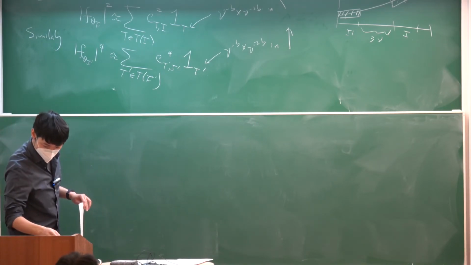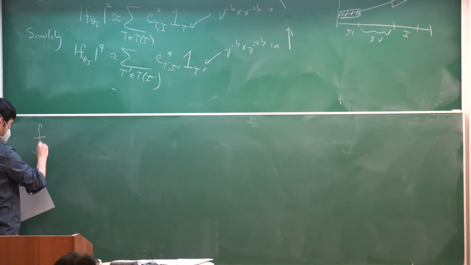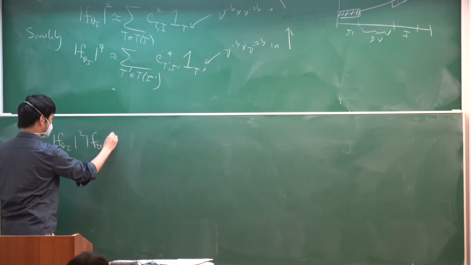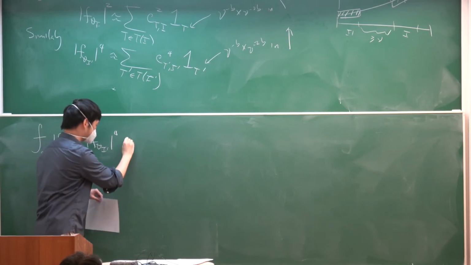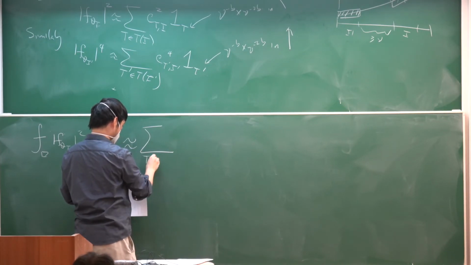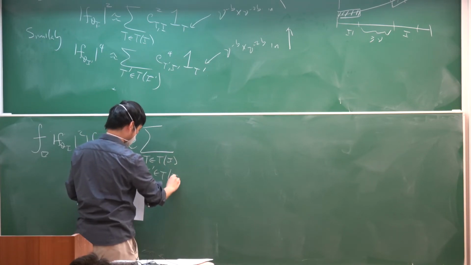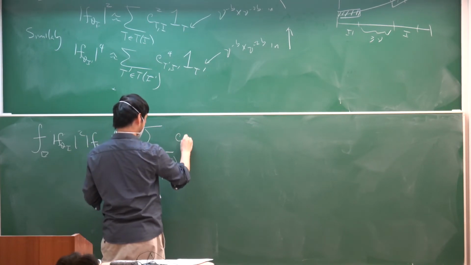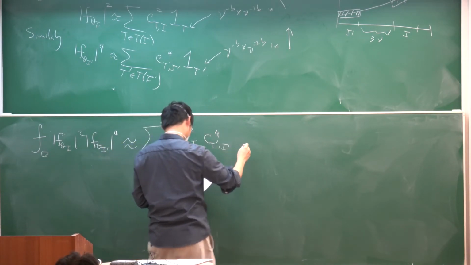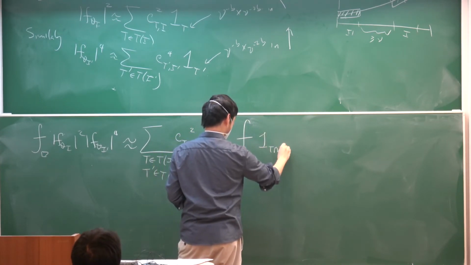Now what? Well, let's look at the average integral. The uncertainty principle tells us that this guy is just the sum over t and t prime of C T I squared, C T prime I prime to the 4, and then let's average over the integral of the intersection.